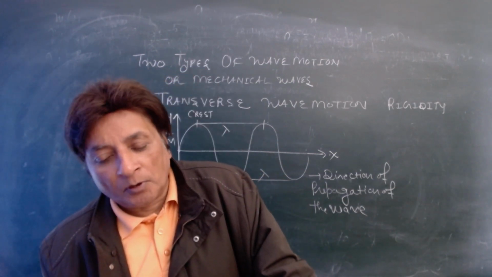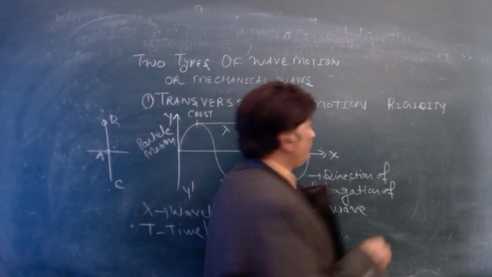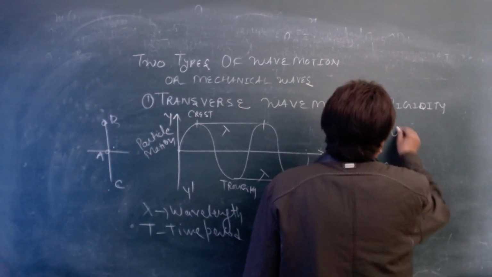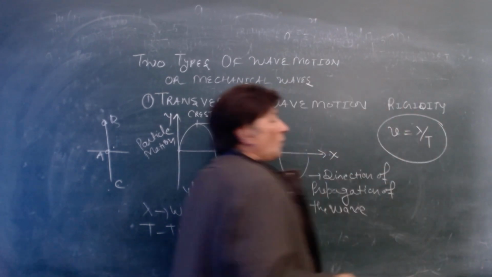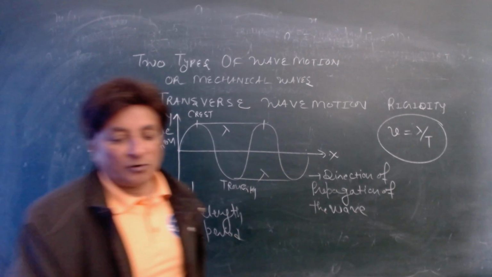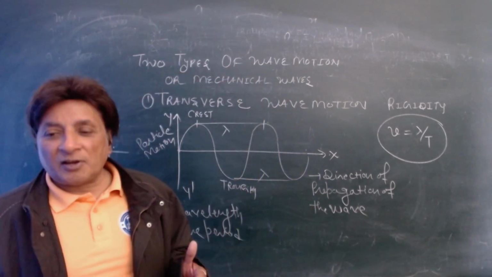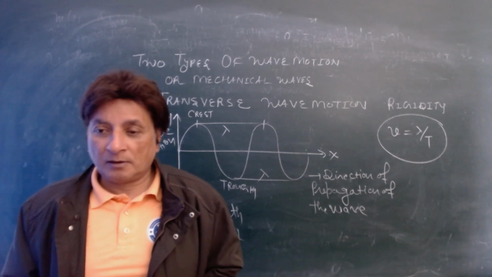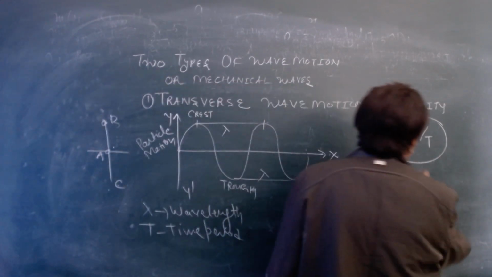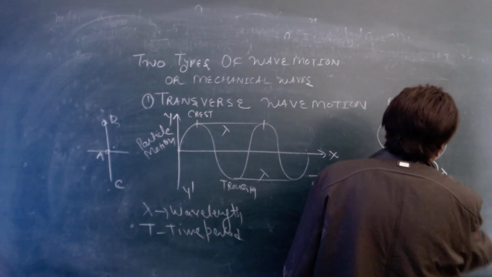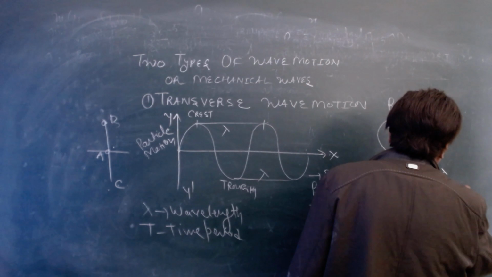Clear? So the velocity of the transverse wave is given by what? V is equal to lambda upon T, where lambda is called what? Wavelength. And students, the reciprocal of time period is called frequency. So V is equal to nu into lambda, because 1 upon T is equal to nu.